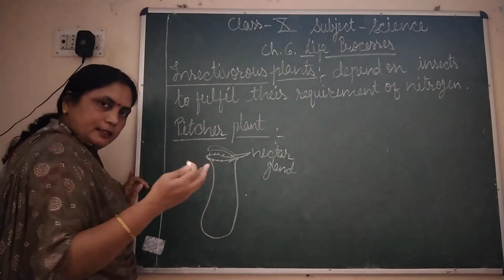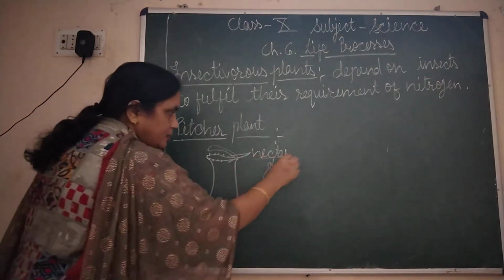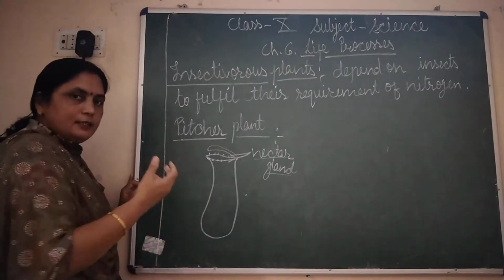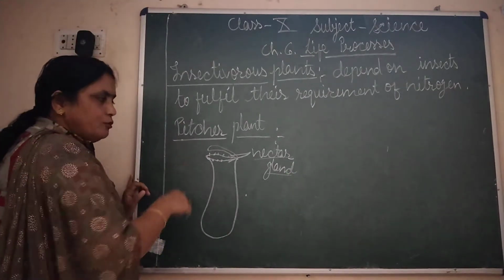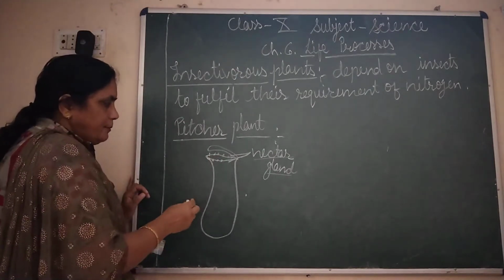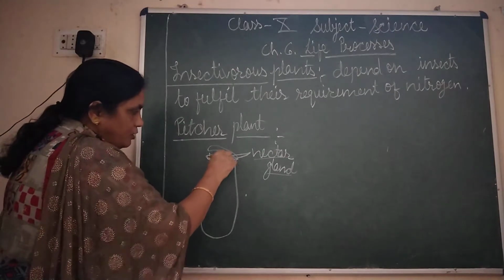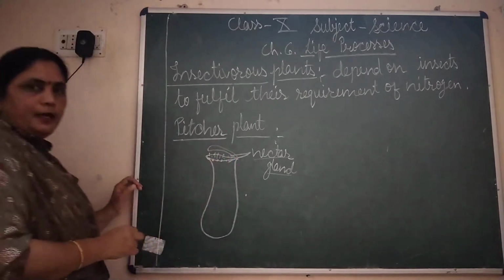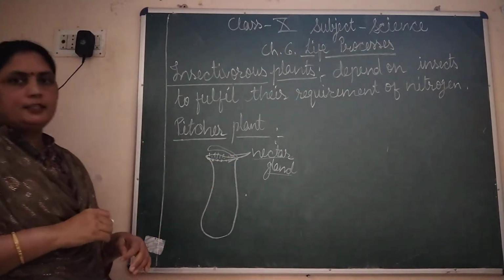So when insects are attracted by the good smell or fragrance of this nectar and they come to suck the nectar from these leaves, then what happens? The walls of this pitcher plant from inside are very slippery.